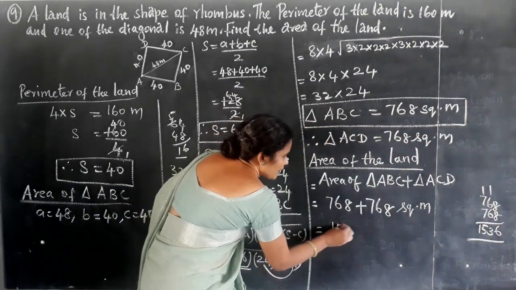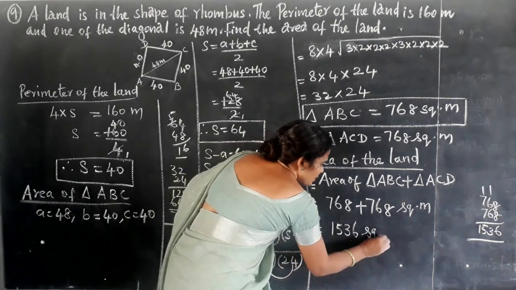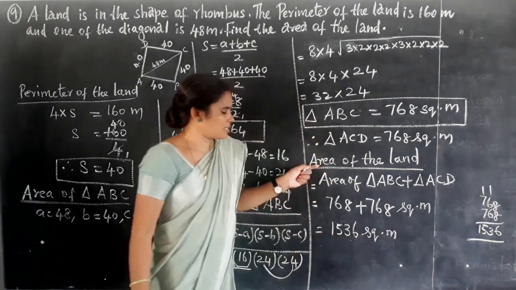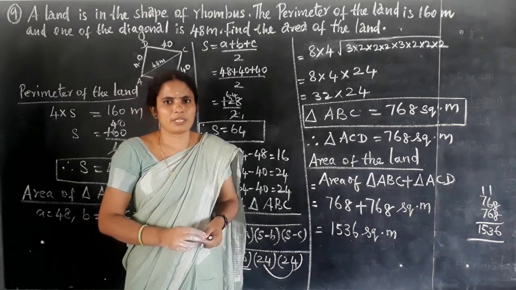So it is 1536 square meter. Therefore the area of the land is equal to 1536 square meter.